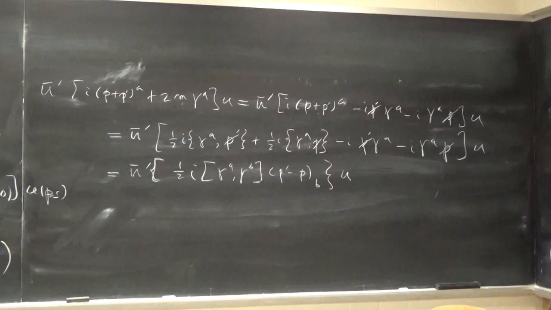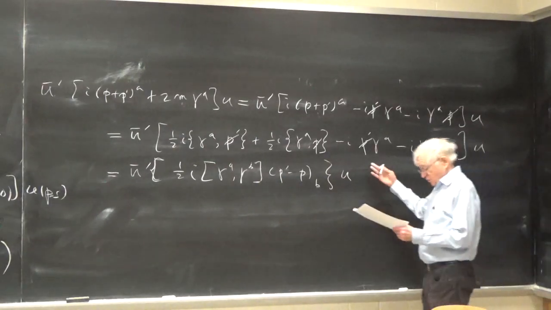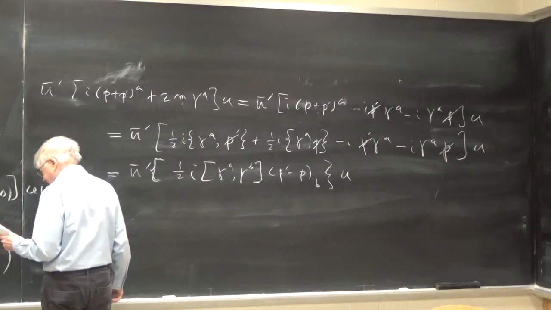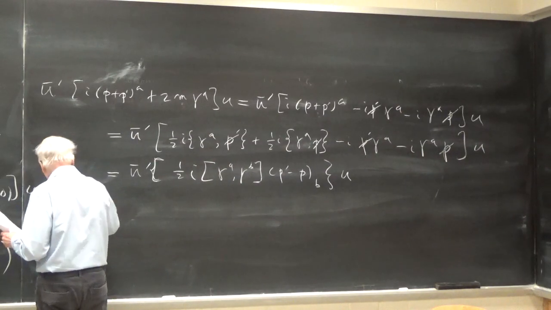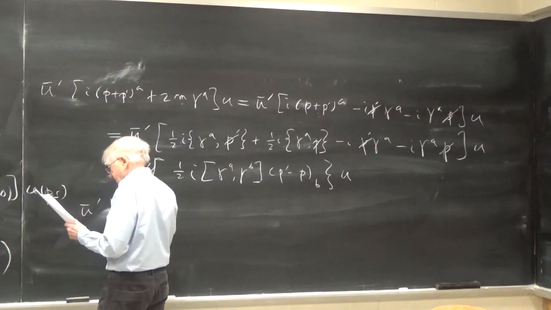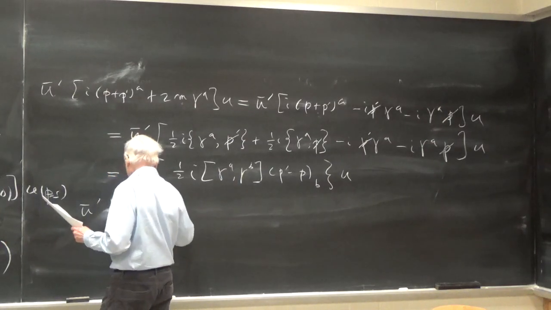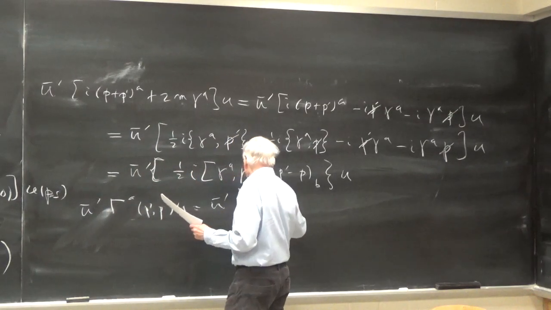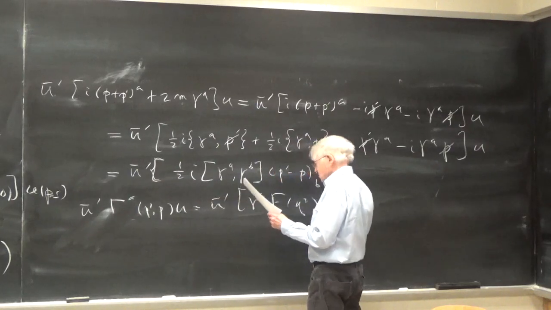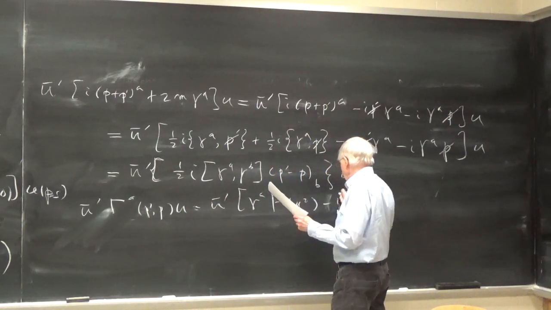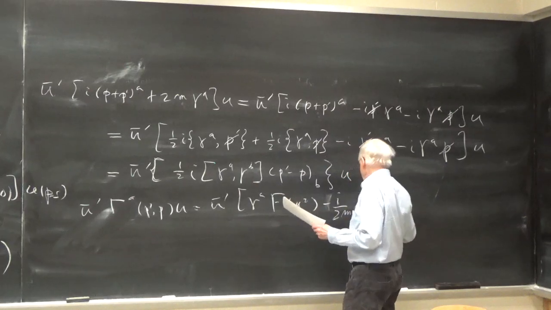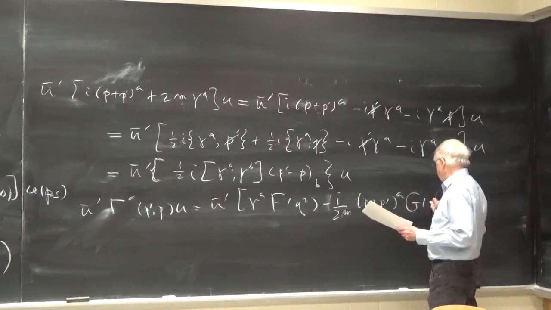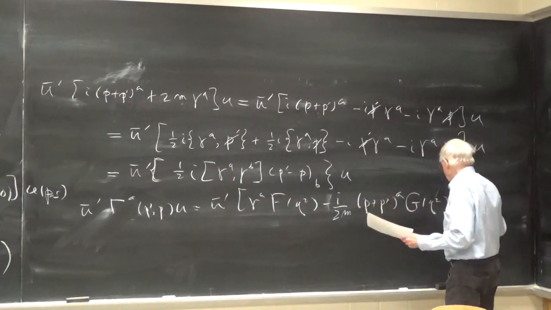All right, now that we have this expression, we can use this to rewrite ū' γ^A with P′ and P, u, which is ū' γ^A F(q²) minus i over 2m (P plus P′)^A G(q²) u.